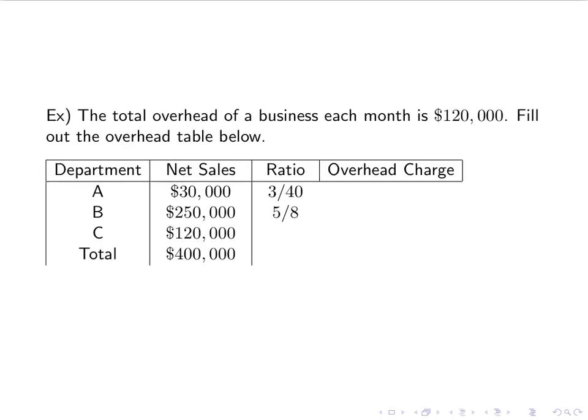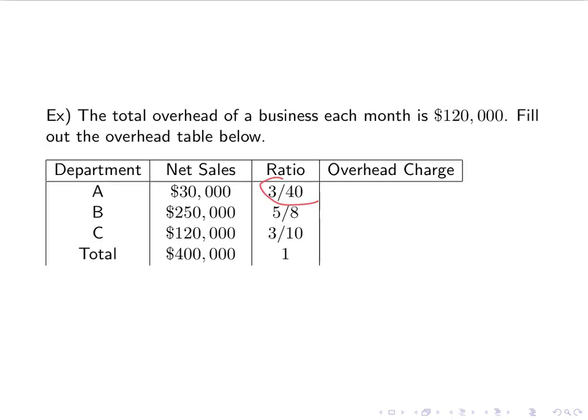And then for Department C, we should be getting 3/10. Make sure your ratios are fully simplified and again exact. So I'm keeping the whole entire fraction there. I'm not taking any decimals. To make sure I did this correctly, I will add them up and see that I do in fact get 1.